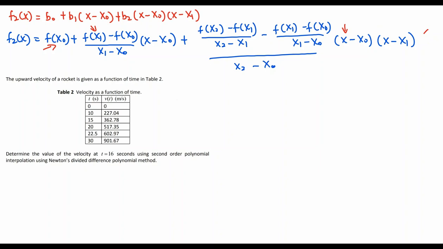So in this case, our function will have to be in terms of t and v of t, right? So now let's write the general form.